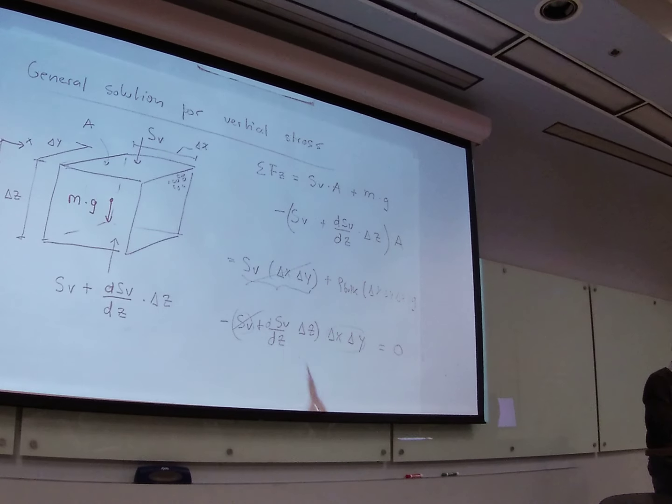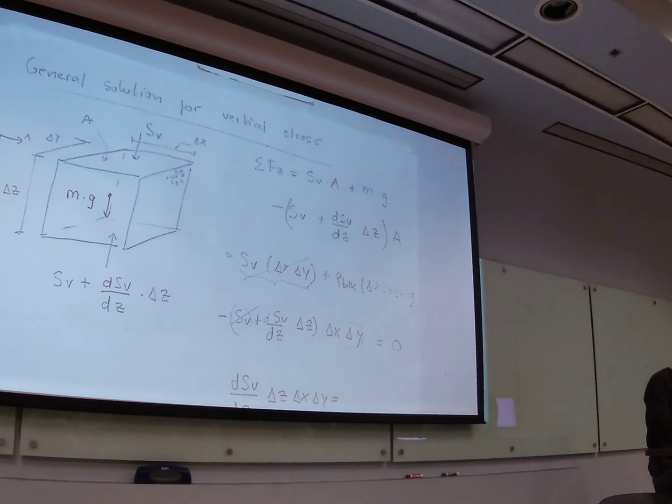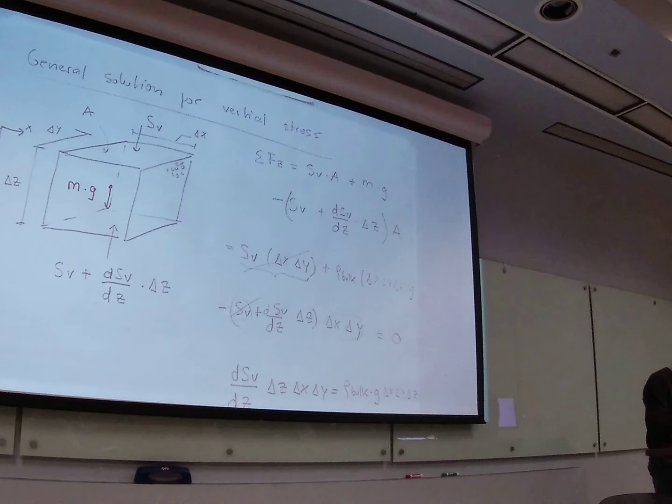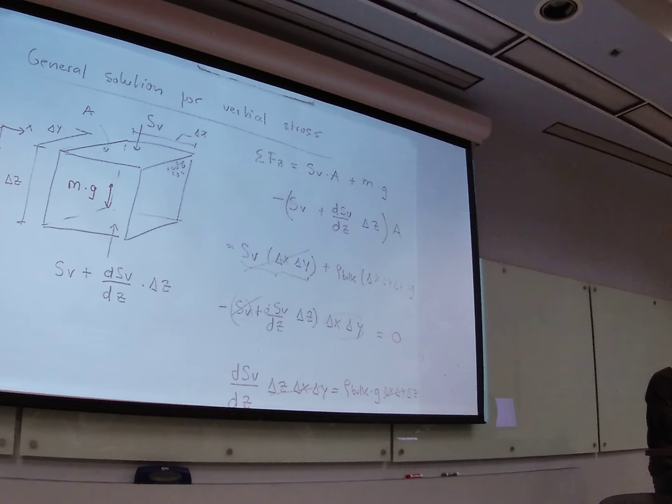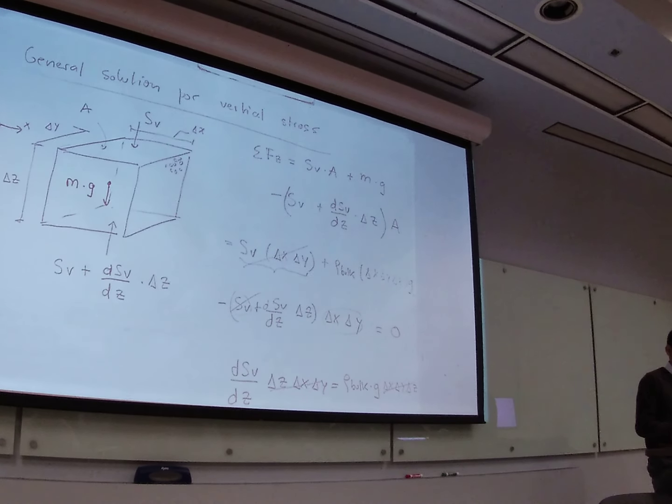Let me write this one as positive, so I'm going to have dSV/dz delta z delta x delta y equal to bulk density times g delta x delta y delta z, and these are the same, so the variation of vertical stress with depth is just the density of the rock times g.